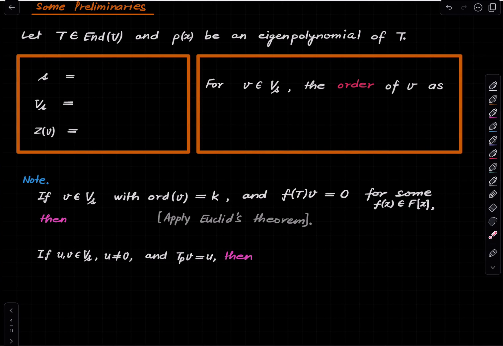So before that, we will fix up some notation. We have some arbitrary endomorphism and Px is an eigenpolynomial of T. We will write S to mean the saturation exponent of P. We will write Vs to mean the space of generalized polyeigenvectors corresponding to the eigenpolynomial P. And for any vector V, we will write Zv to mean the cyclic subspace generated by V corresponding to the endomorphism T. Since we are not going to be dealing with two different endomorphisms, we have shortened the notation.